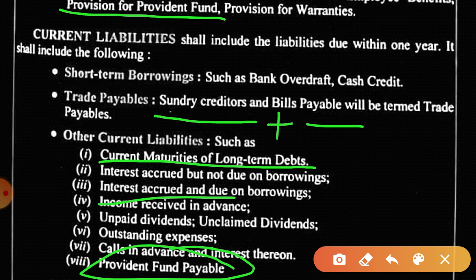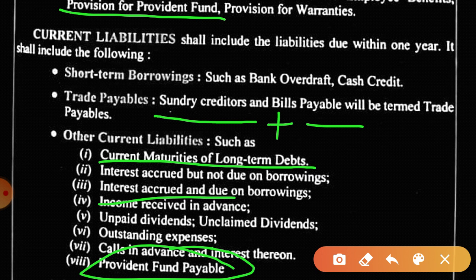Okay, employer's amount. Is this clear? This amount of PF is given by the employer and it is deducted from the salary of the employee as well. So the amount which is payable by the company, in the year in which it becomes payable, will be other current liability.